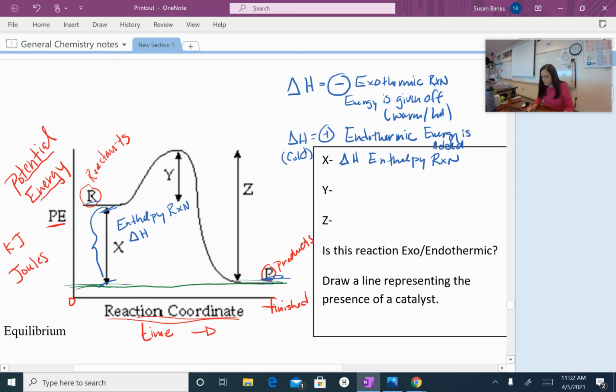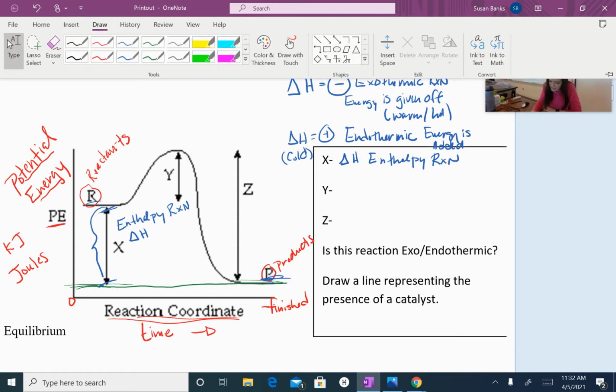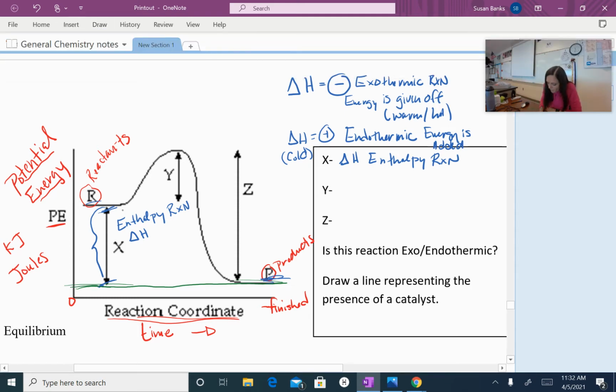Let's look at this next line here. Notice that Y goes from the start of the reactants to the top of the energy curve. So that difference between the reactants and the energy curve is my activation energy.